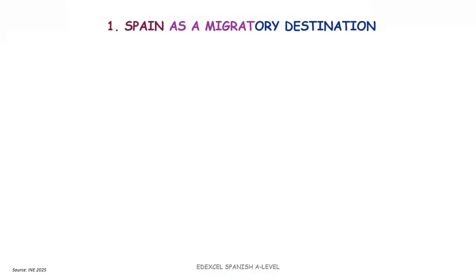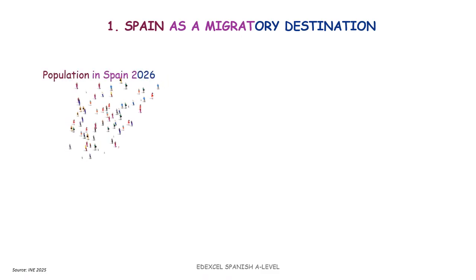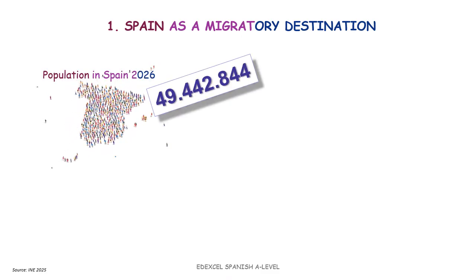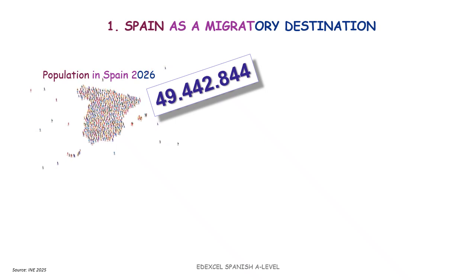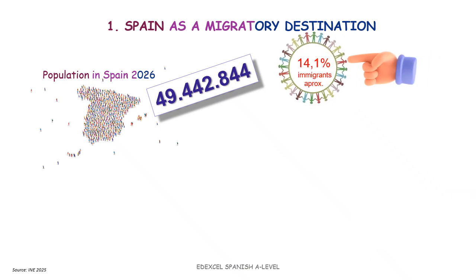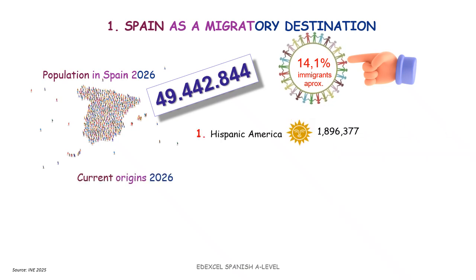Let's break these groups down in numbers. The population in Spain in 2026 is around 49 million and almost 500,000, and is expected to continue growing. Approximately 40.1% of the population are legal immigrants. The most numerous group is Hispanic Americans, almost 2 million.